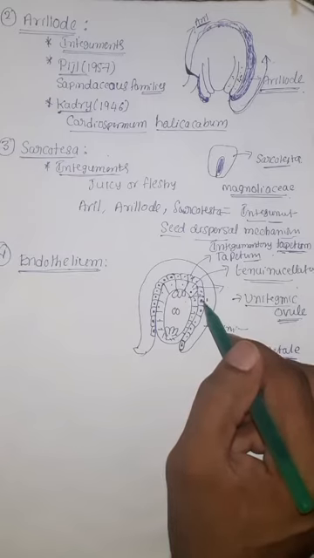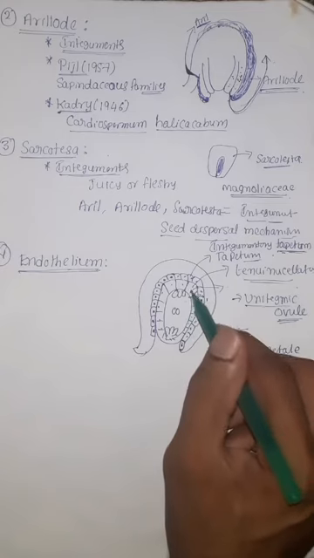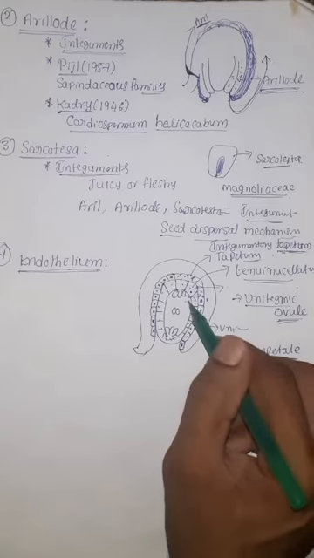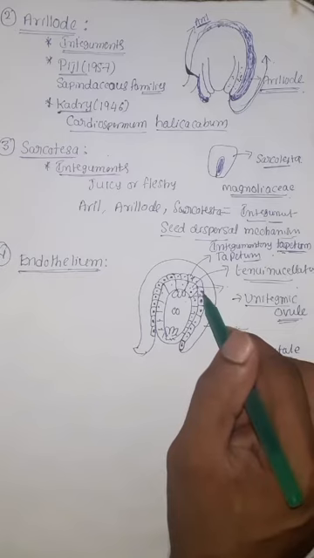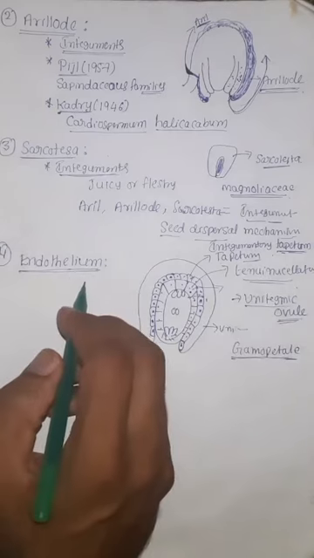Those nutrients are useful for the nourishment of the embryo sac. Whenever the one layer of nucellus is completely utilized by the embryo sac, the endothelium further acts as a nourishment tissue for the growth of the embryo sac. This is all about endothelium.